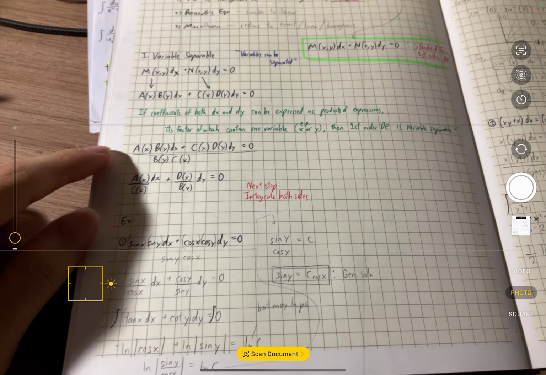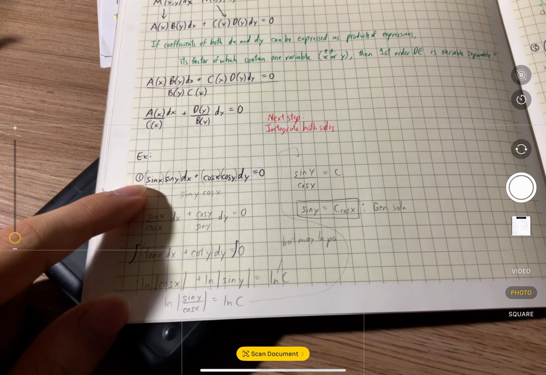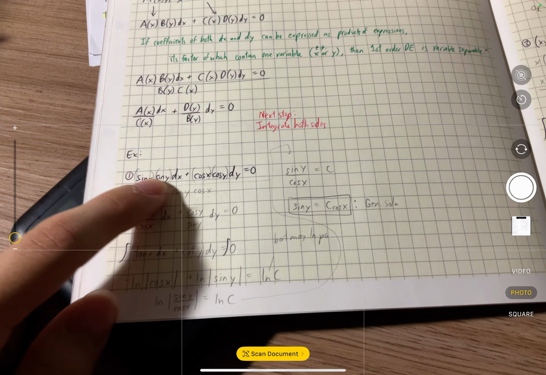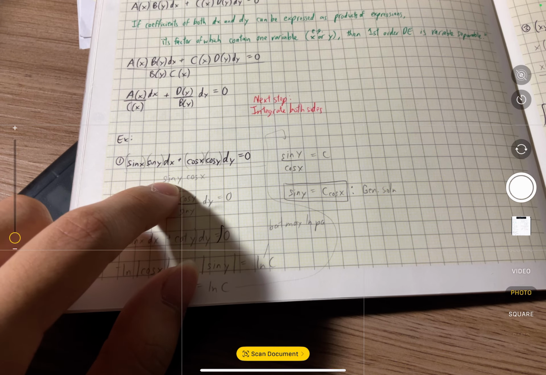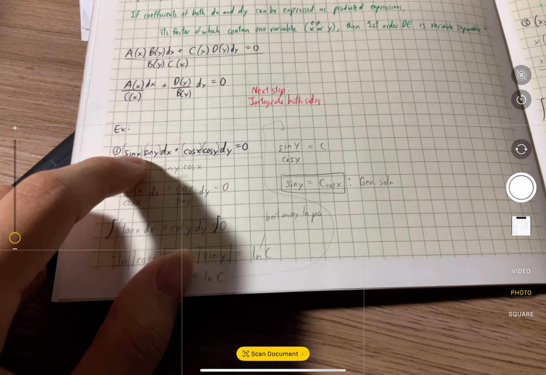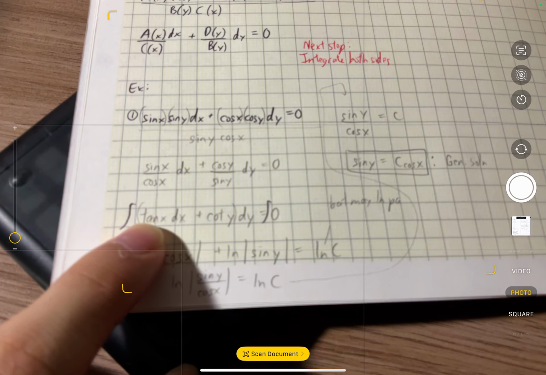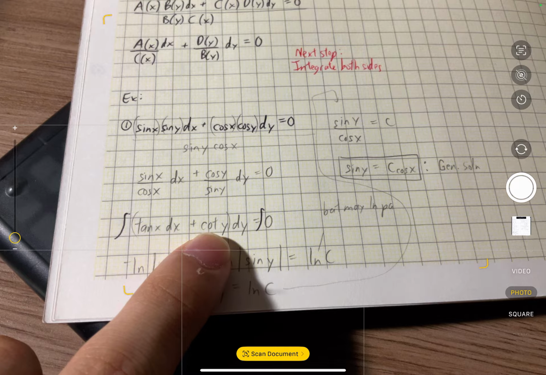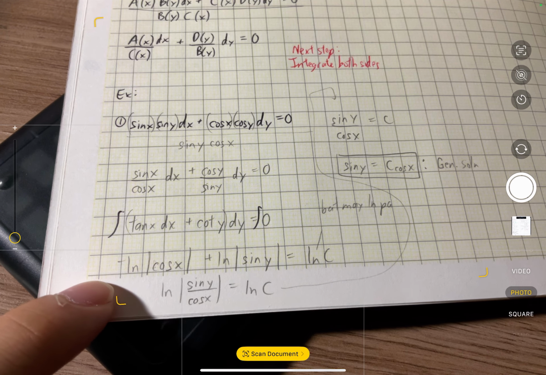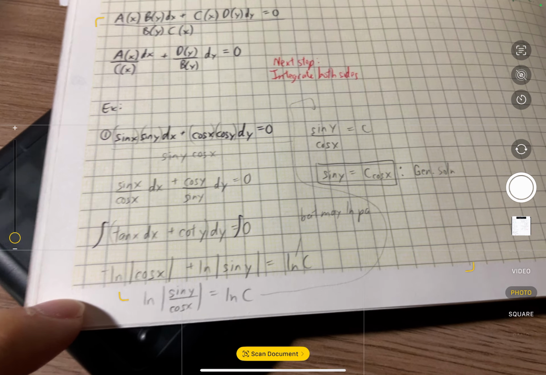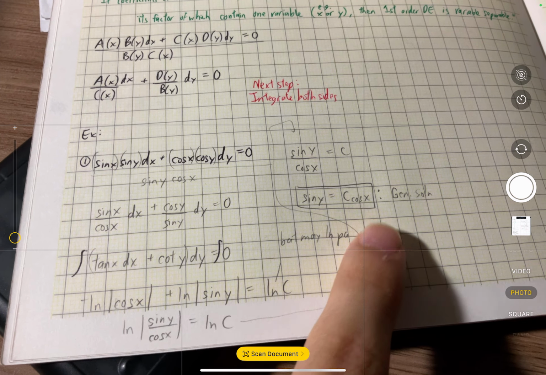So this is what variable separable is supposed to look like. There's one thing in the first term and another thing in the second term, so we can divide. What we end up with is tan x dx and then cotangent y dy. That's when you start integration and then you simplify, and that's how you get the general solution or the final answer.